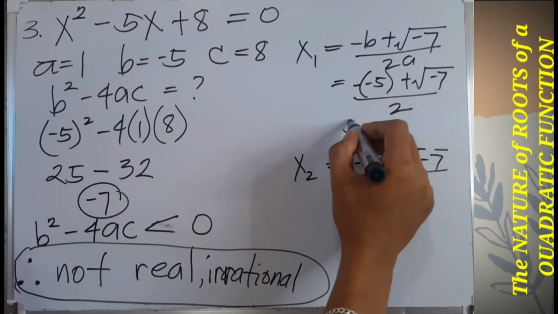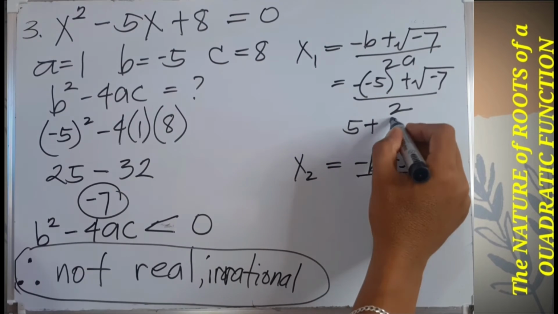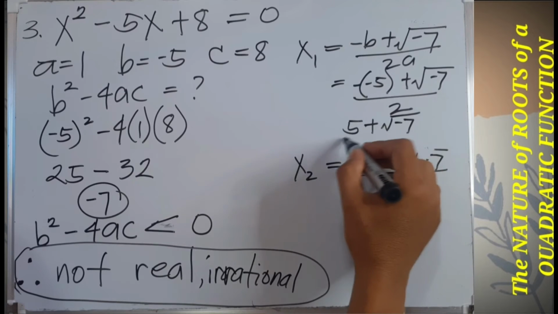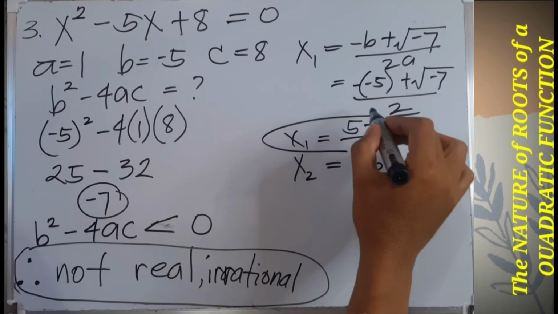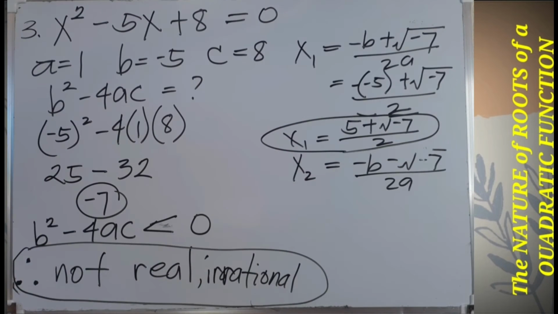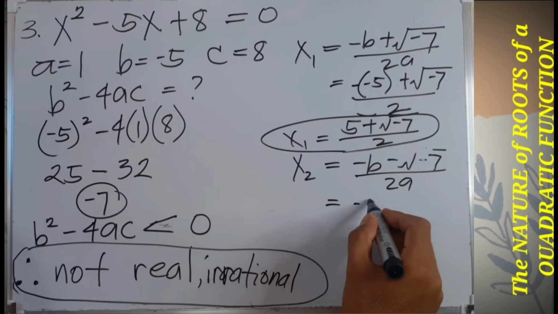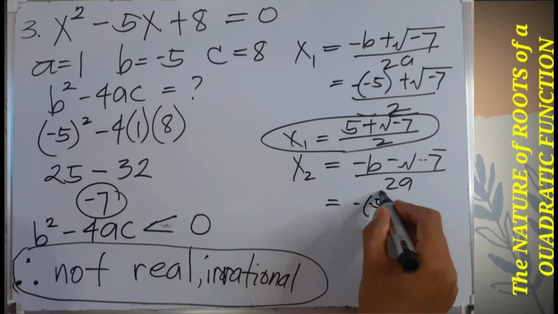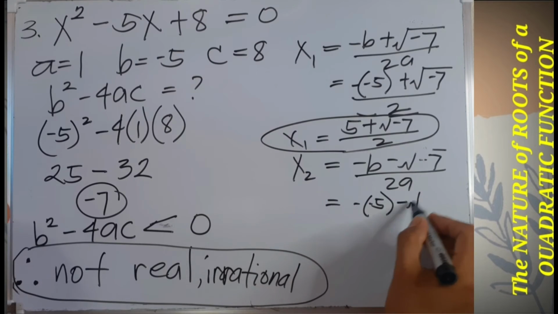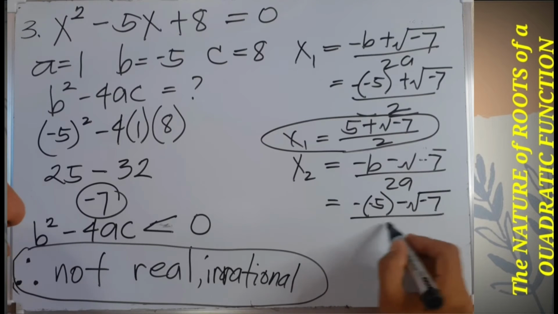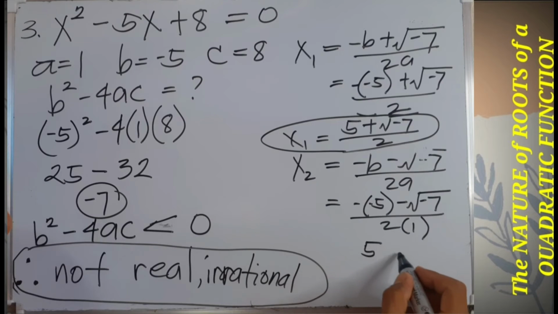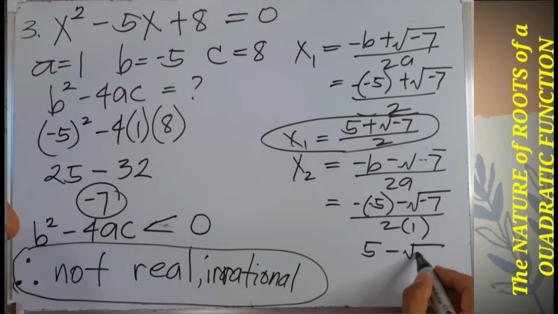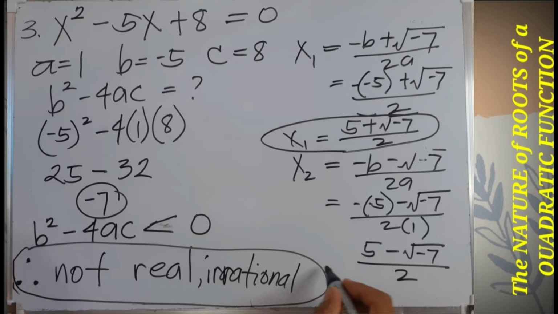Negative 5 is 5 plus square root of negative 7 all over 2 is our x sub 1. X sub 2, negative 5 minus square root of negative 7 all over 2 times 1. Negative is positive 5 minus square root of negative 7 all over 2 is our x sub 2.